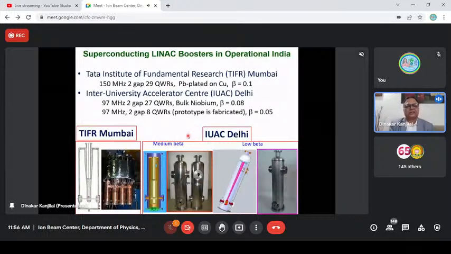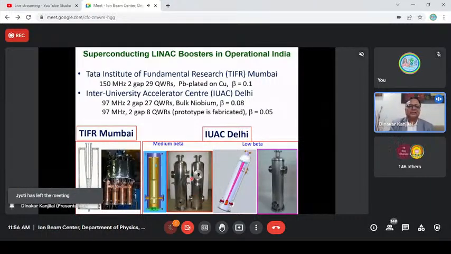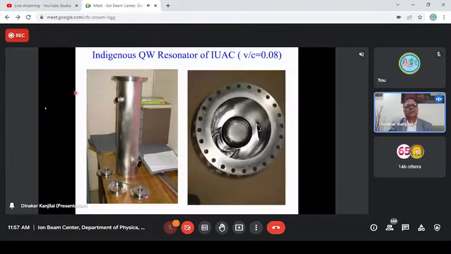Second, it is easy to maintain. Lead oxide forms, and then it is no more superconducting. Niobium is inert that way. Third, niobium is very costly, no doubt, but for the same electricity you get much more energy, which matters at least for the heads of institutes and those who are running for funds.